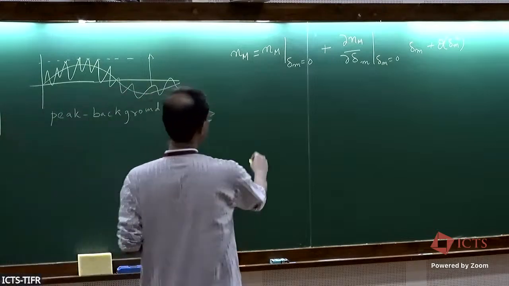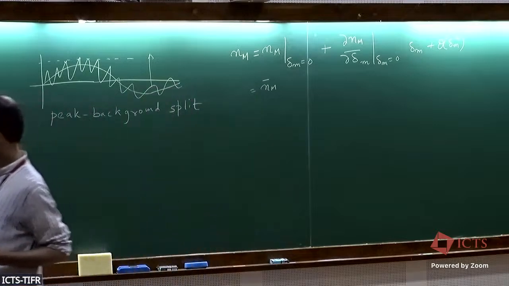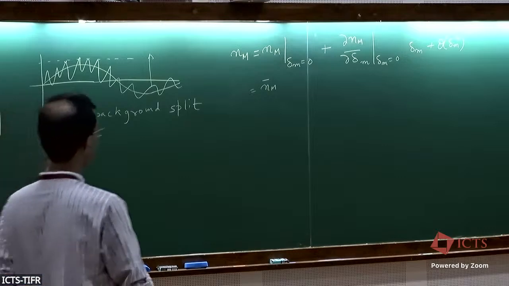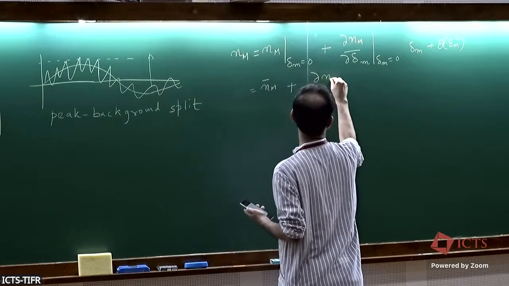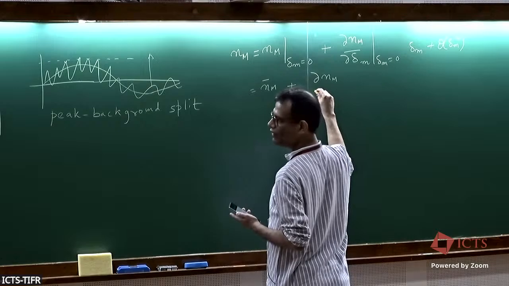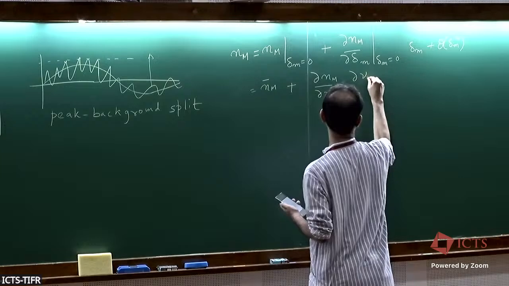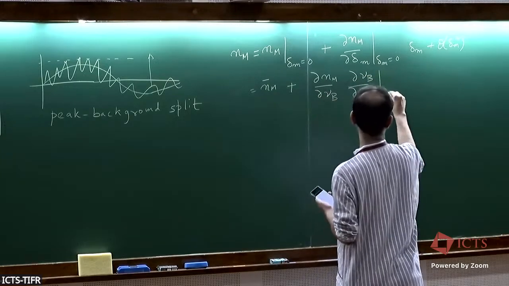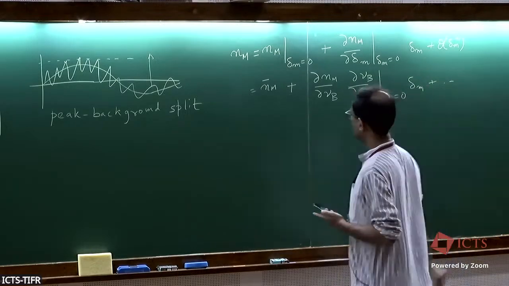The first term is nothing but Nm bar, right? If I put delta m equal to 0, then I get back the original Press-Schechter formula. And then I have to do something like del Nm, because delta m is sitting basically within nu. So I do a del nu b, and then del nu b del delta m, make sure it is evaluated at delta m equal to 0, times delta m plus higher order terms.